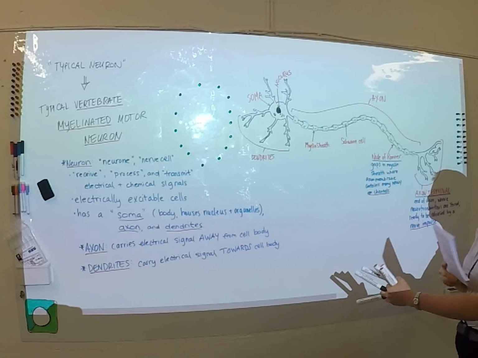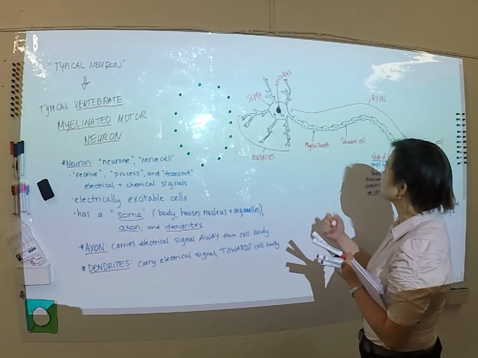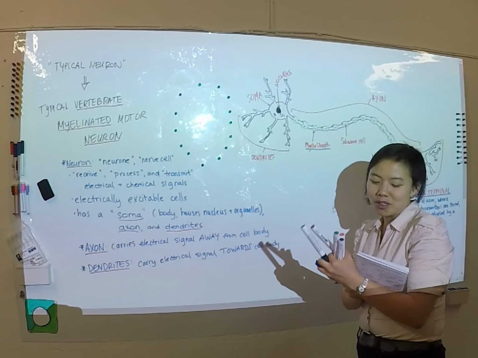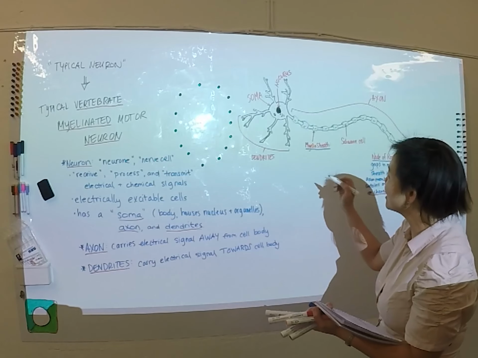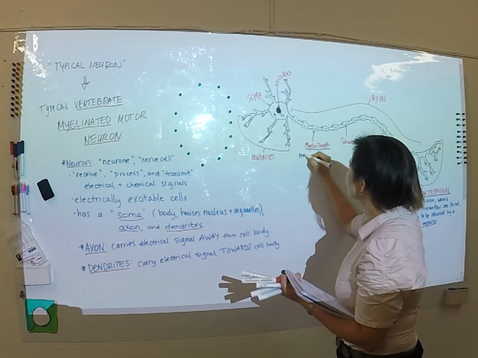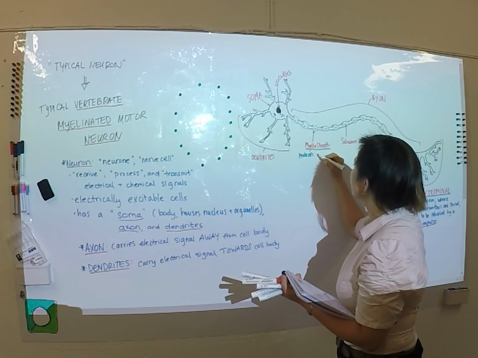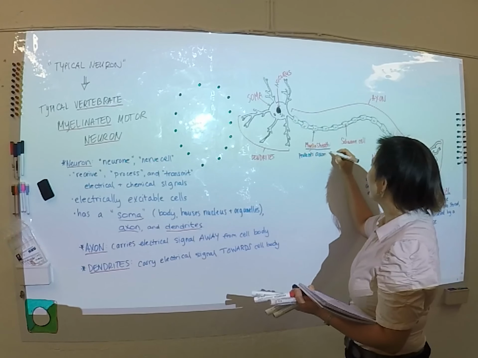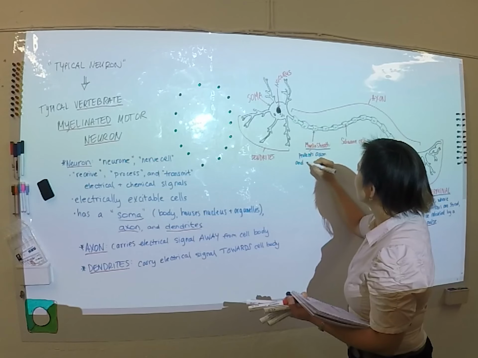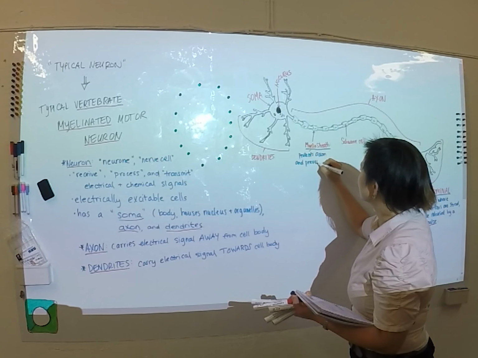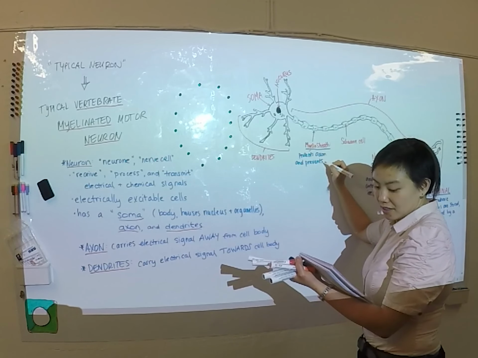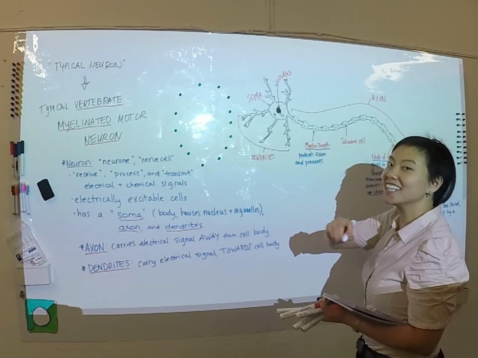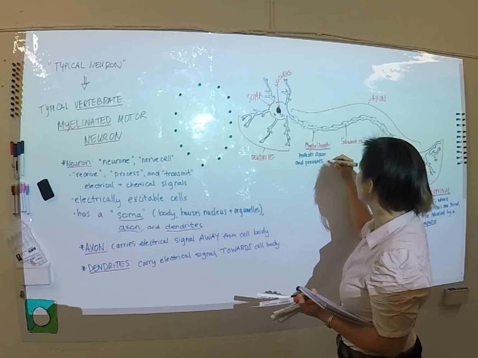Oh, actually, I should define myelin sheath first. Okay, let's do that. So myelin sheath, you've been waiting. All right, so this protects the axon, okay, and it prevents the electrical signal from leaking out of the axon.